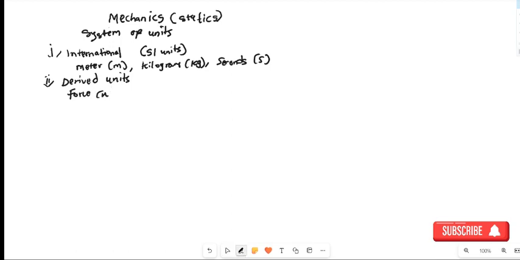The first one we have is force, which has a symbol of N, and it can also be noted that one N, which is one force, is equal to kg times meter per second square.